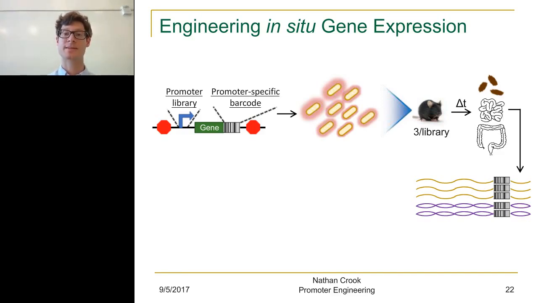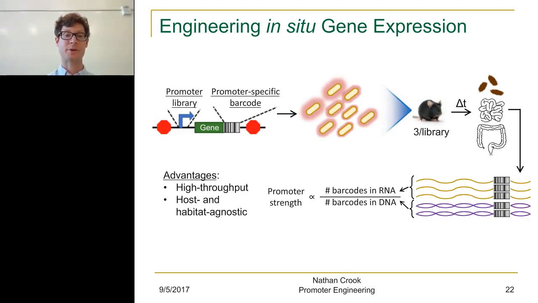It's also going to be present within the DNA in that construct. The DNA will measure the abundance of that bacteria on its own within the gut. So by calculating the number of each barcode in the RNA and dividing that by the number of each barcode in the DNA, you can get a measure of promoter strength.